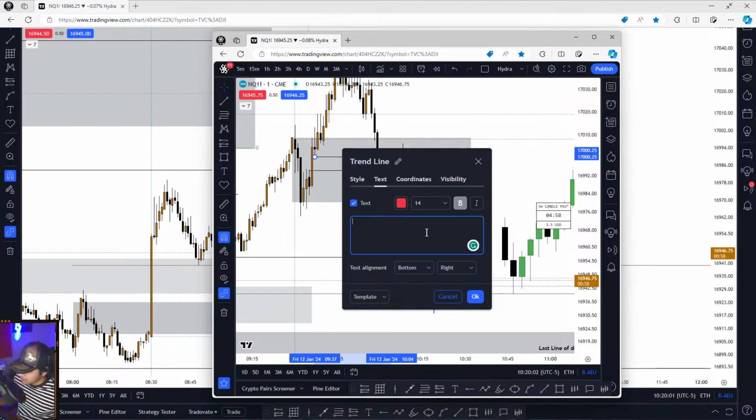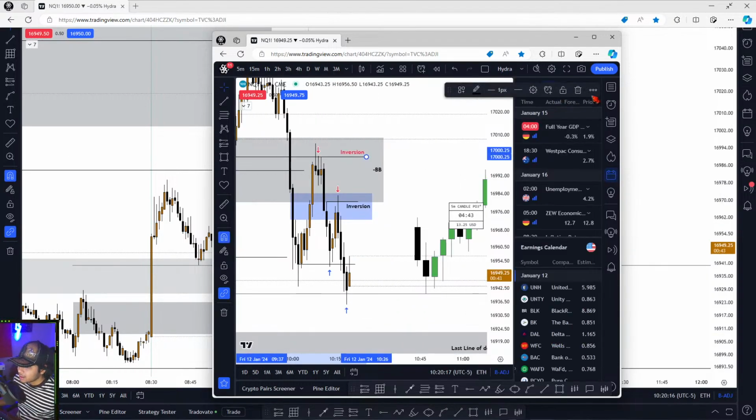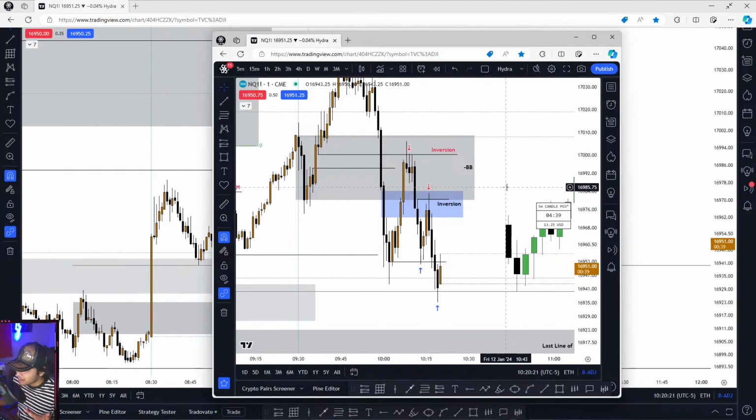But again, this is where inversion... No, it's not based on the PDRA, folks. It's based on the liquidity level that price generated towards the sell side. Focus on that. I'm not focusing on a model. See, my model is breaker and inversion and turtle soup, stuff like that.